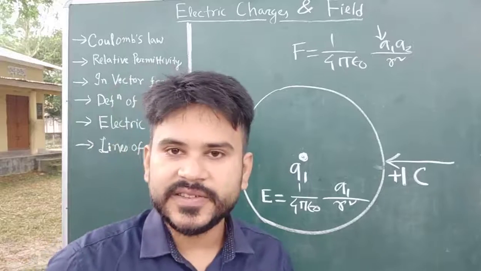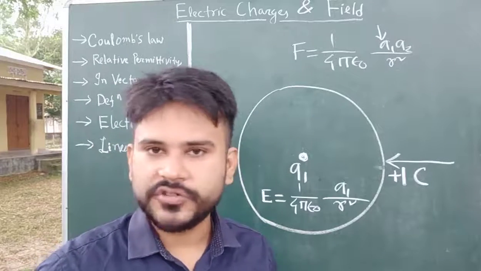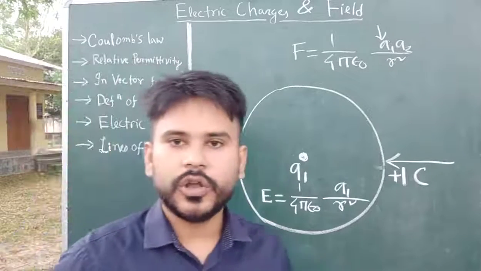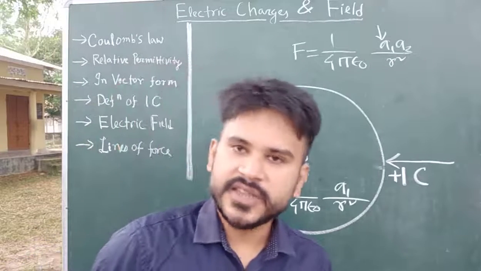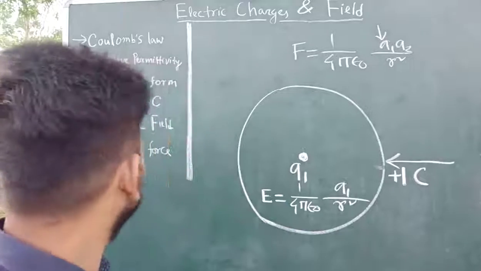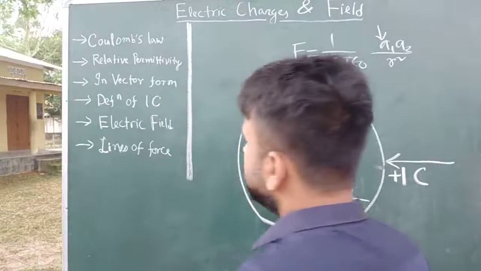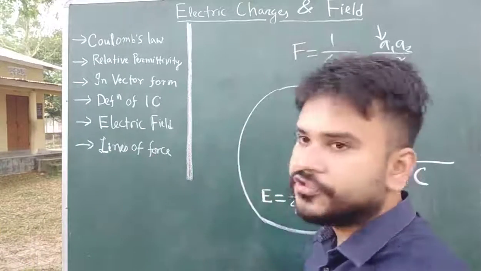So now what is the charge of a proton and the charge of an electron? As we all know, the proton is positively charged and the electron is negatively charged. So our next topic is lines of force.